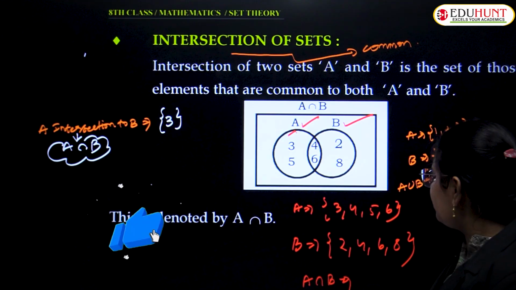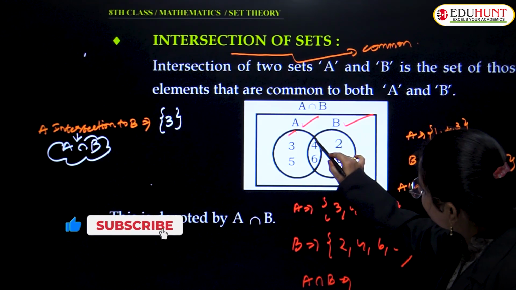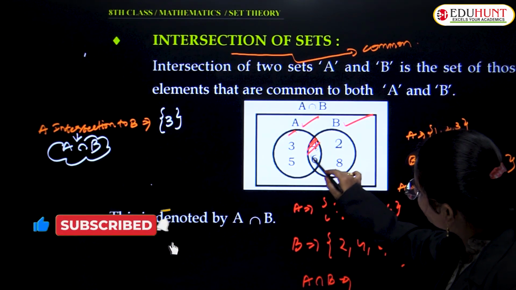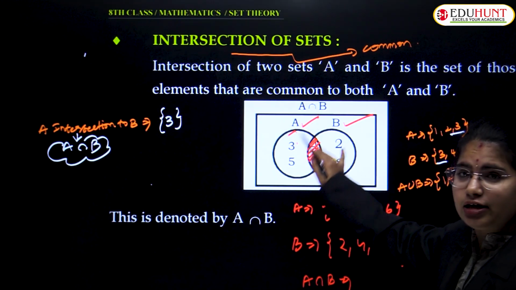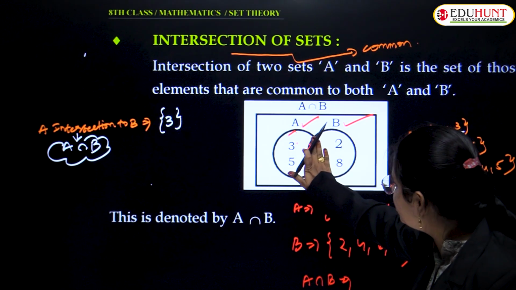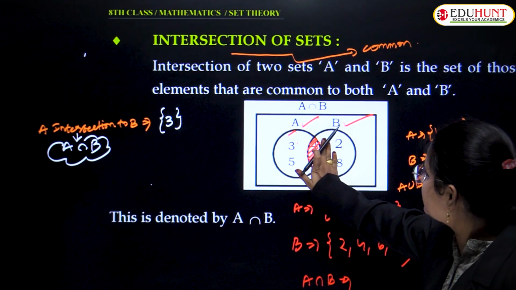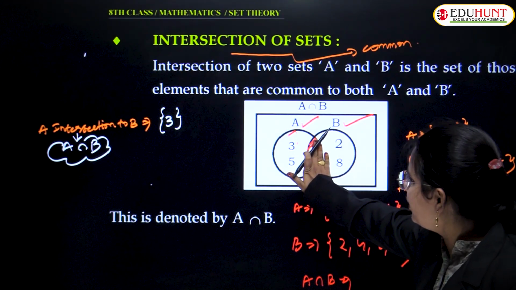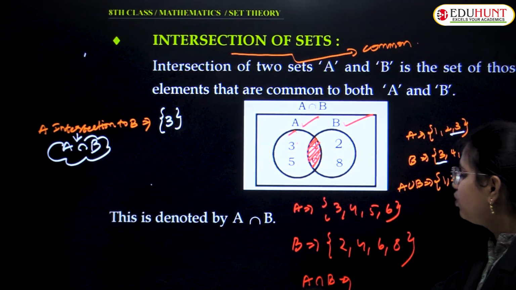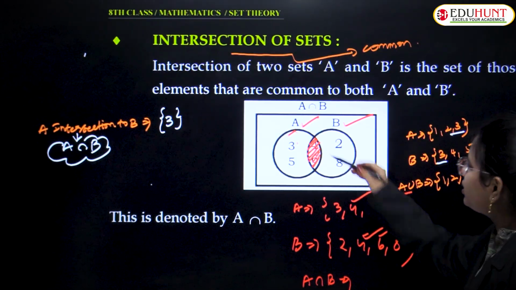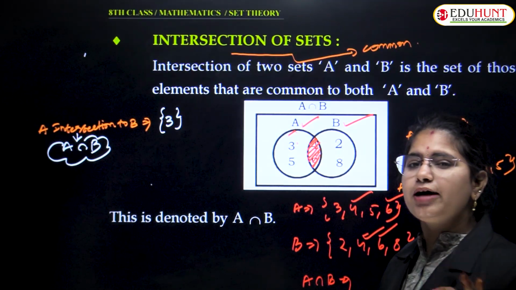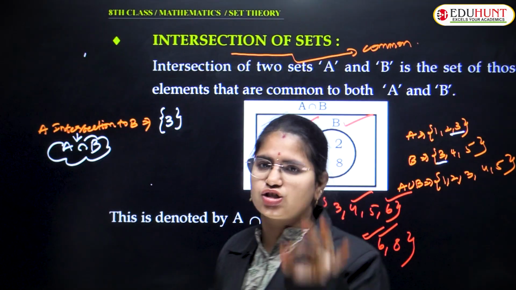A intersection B is the common part of both, right? So this is the common part of A and B. Whatever is common in both, this is the section. How will you represent it? What are the common things here? 4, 6. So these two elements I should put in the common section.